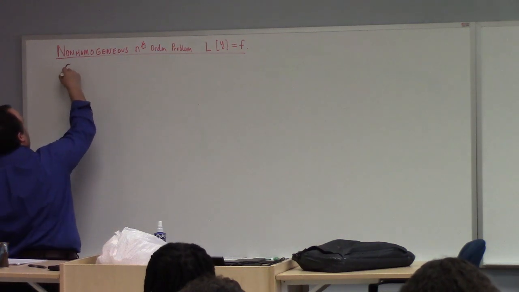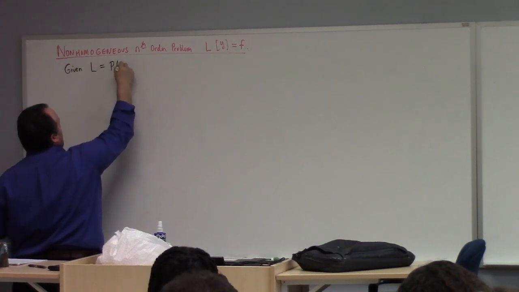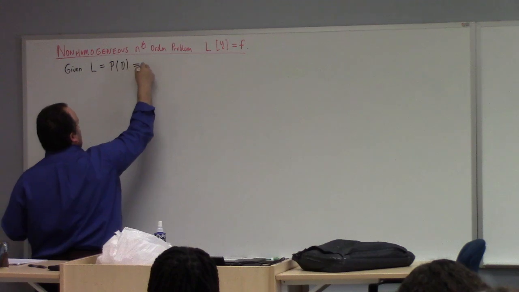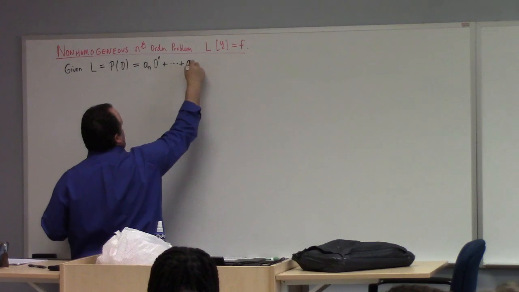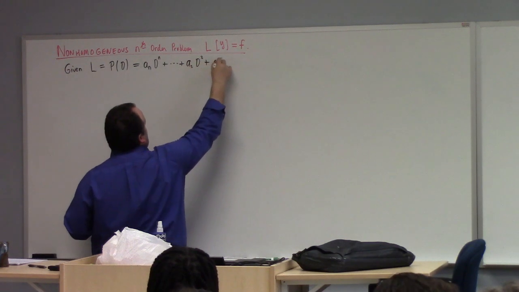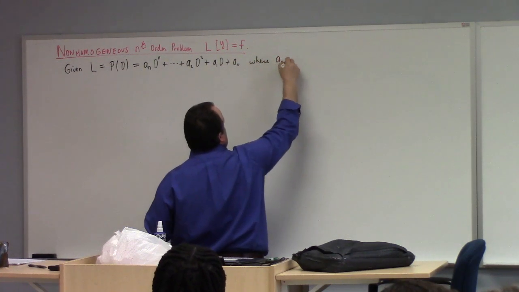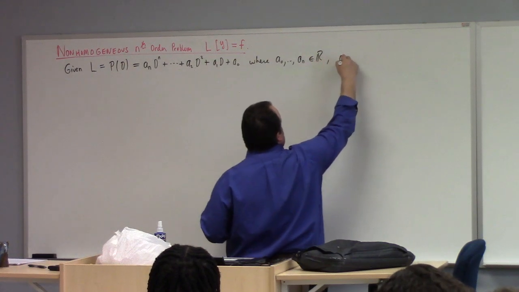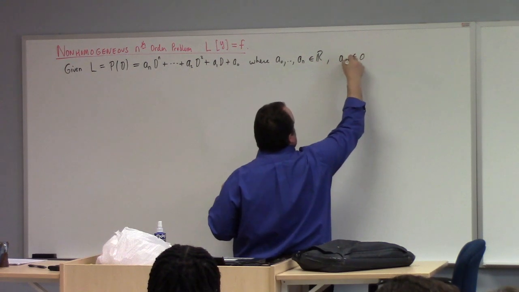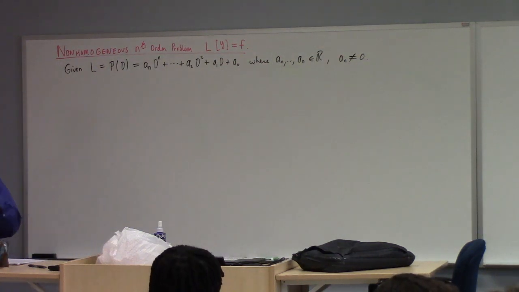Like last time, we were given L equal to some polynomial in the differentiation operator: a_n D^n plus ... plus a2 D squared plus a1 D plus a0, where a0 through an were real numbers, and a_n, of course, is not equal to 0. As I discussed with you guys, we can solve this problem by factorizing the operator.